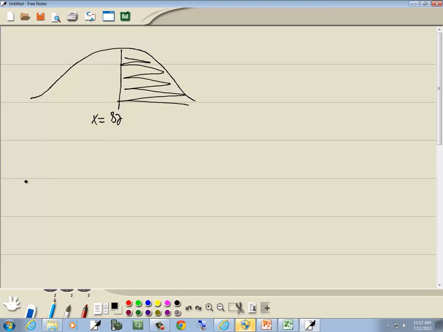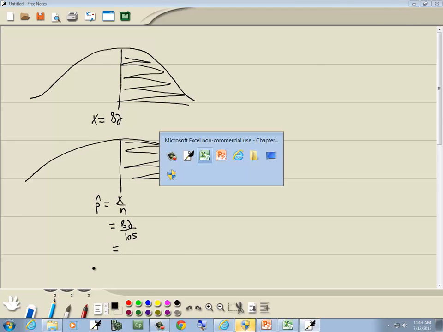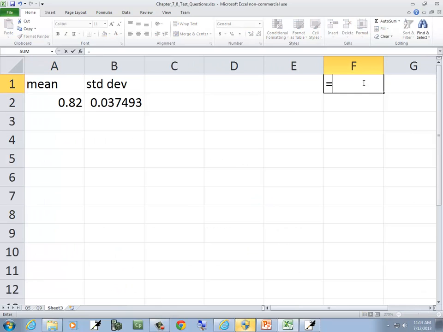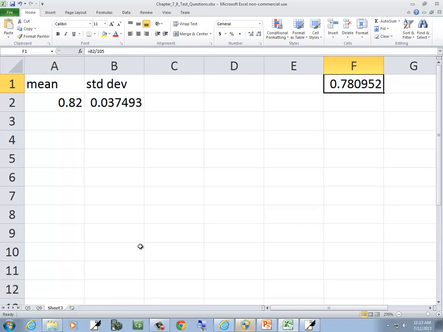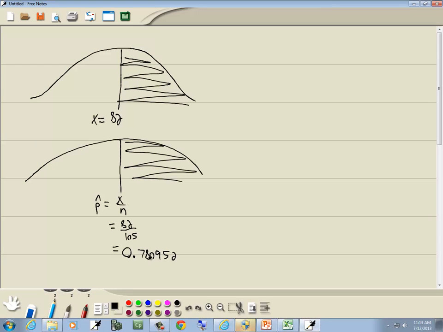Now to change this to p hat, the picture looks exactly the same, shading to the right like that, but p hat is equal to x over n, which is equal to 82 over 105, which gives us 0.780952, and that's probably enough decimal places.